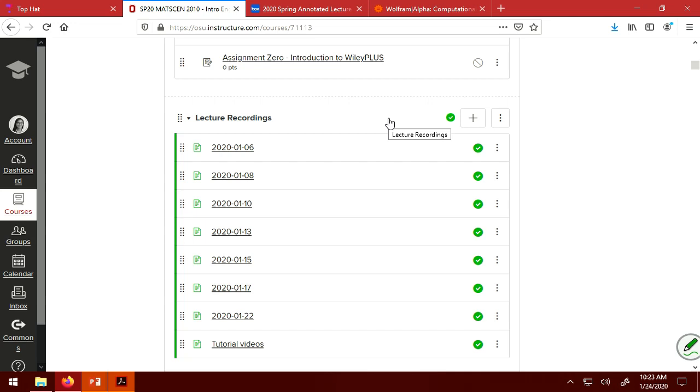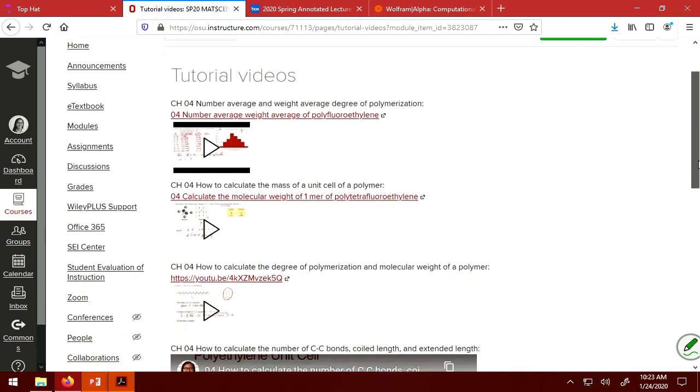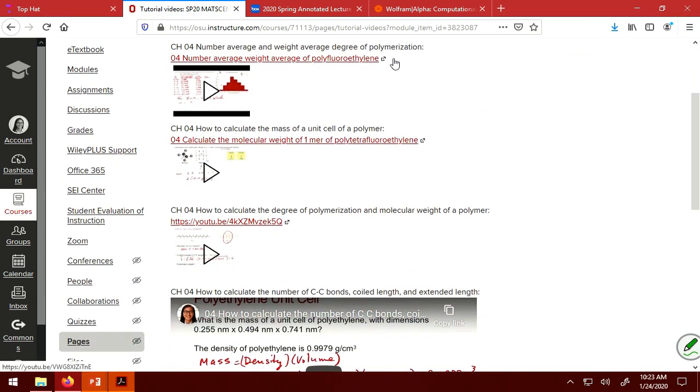But I found that that was starting to be a little bit cumbersome. So if you're going to the lecture recording section, you can see it's just by date. If you choose to opt in and look at the tutorial videos, they're all aggregated there, okay? So you should see embedded links for how I work out select quantitative problems. And they're all outlined there.